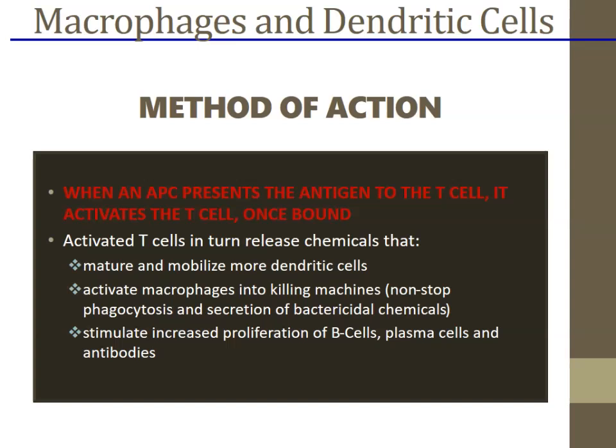The T cell binds to it. We're going to see what's called some co-stimulation, and then that activates the T cell. Once that T cell is activated after being bound, it's going to start releasing all these chemicals. It's going to proliferate more and more and more of everything, basically. Antibodies, plasma cells, bactericidal chemicals. There's a whole bunch of stuff that happens.